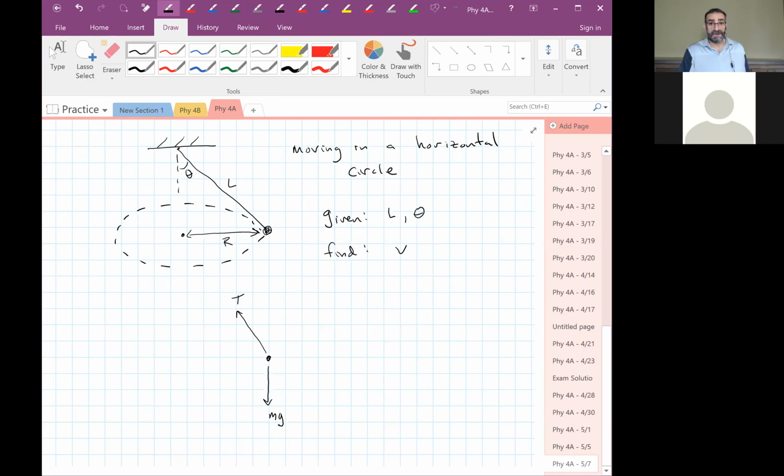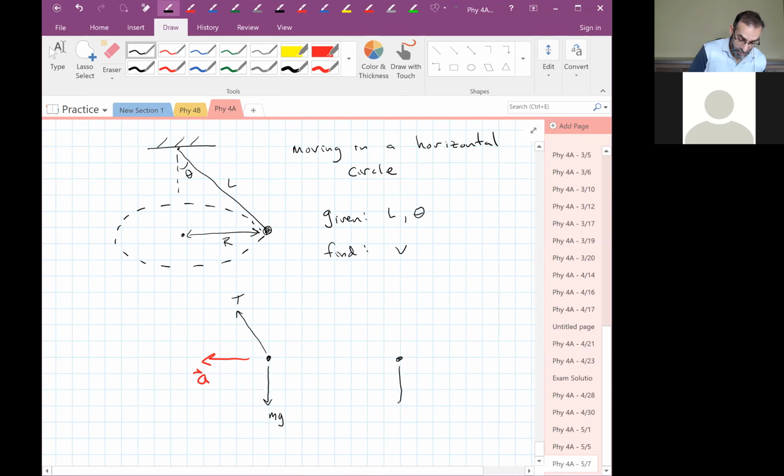This is a circular motion problem, right? So what direction is the acceleration? Toward the center of the circle. So the acceleration is in this direction, right? So we want that to be one of our directions and perpendicular to that to be the other one. So we want to break everything up into components that fall in that.